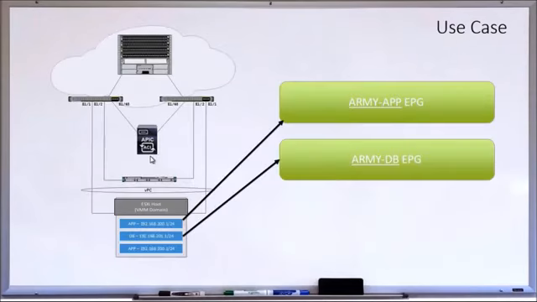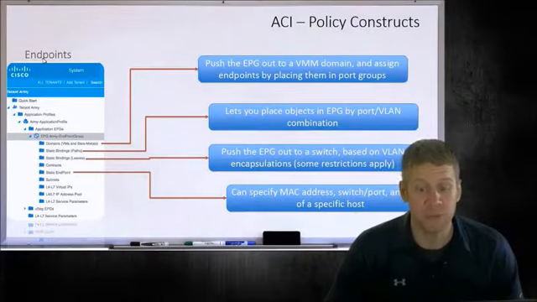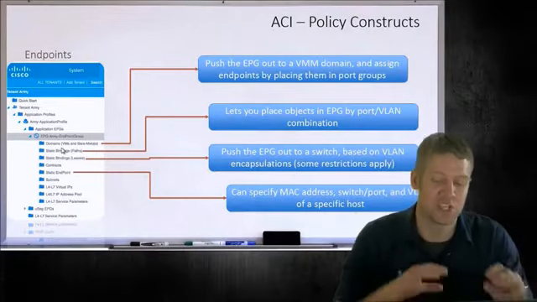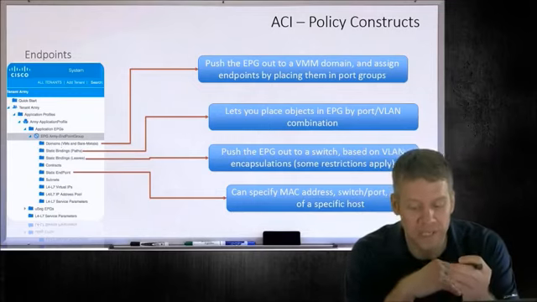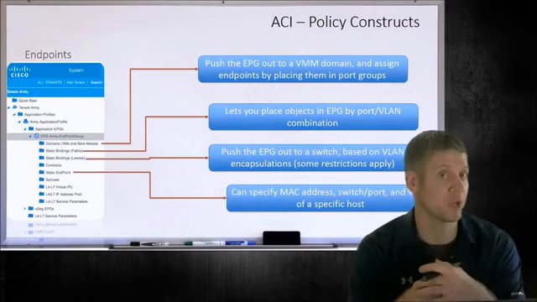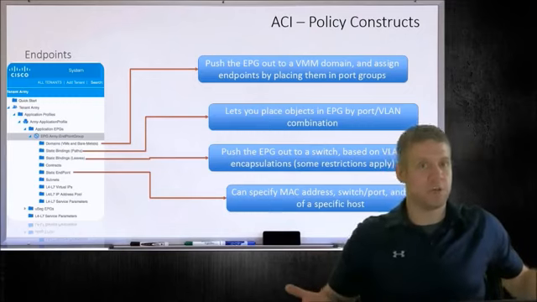And like I mentioned before, go back here. Notice how I've got the Army application profile. You're not going to be able to create an application-based EPG until you actually get in here and create the application profile itself. It won't even be an option for you. You'll be like, where's my EPG, right?